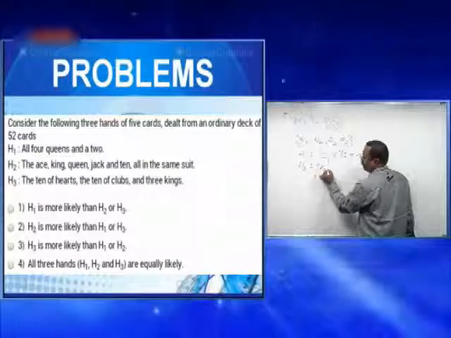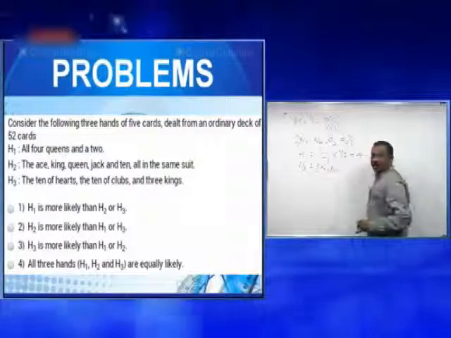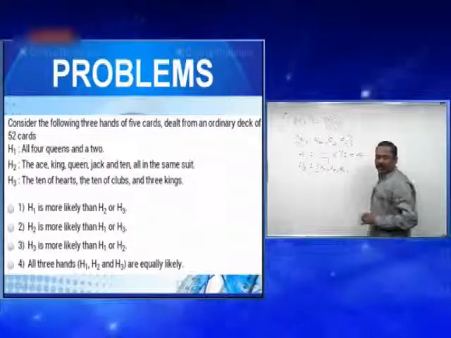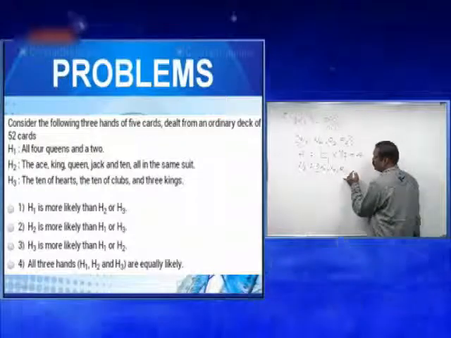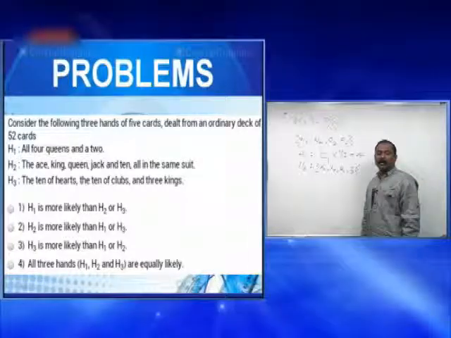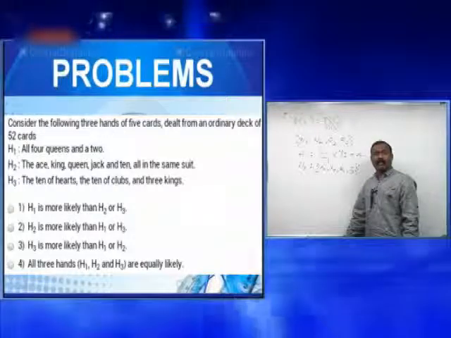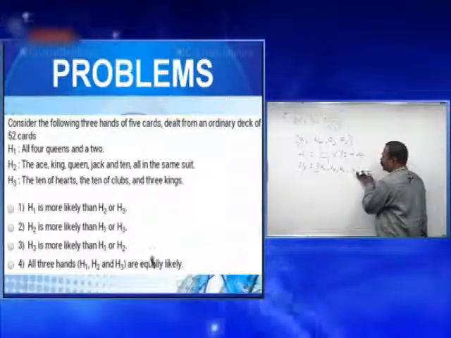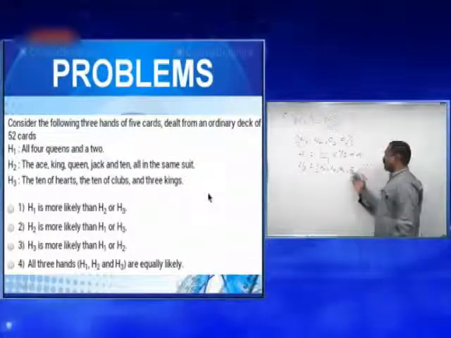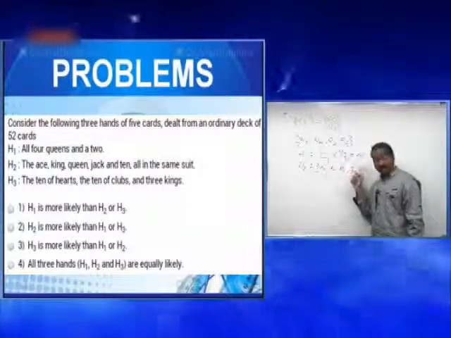Ace from spade, king from spade, queen from spade, jack from spade, and the 10 can also be taken. Like the 10 means, let me say 10 of spade. For your understanding, I am taking S as spade. This is from the spade suit.